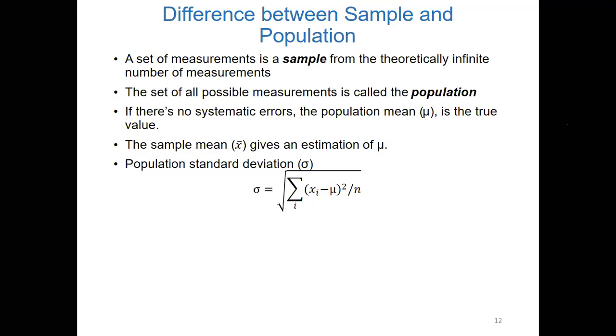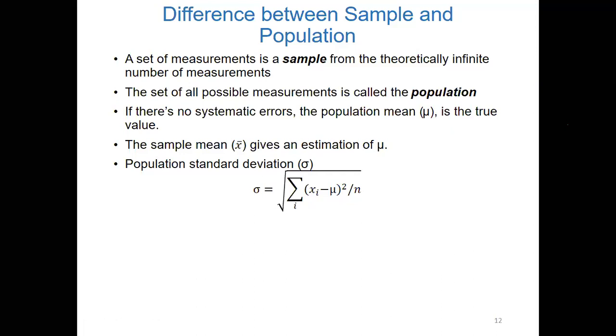When there's no systematic errors, the population mean equals the true or correct value. And the sample mean is x bar. That one gives an estimation of mu. Sample mean gives an estimation of population mean.